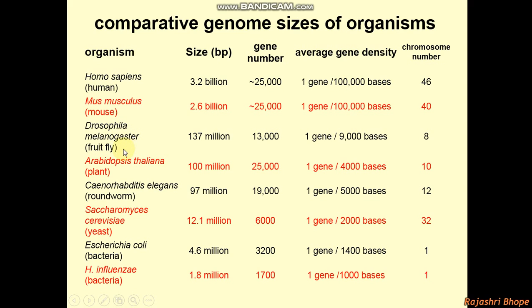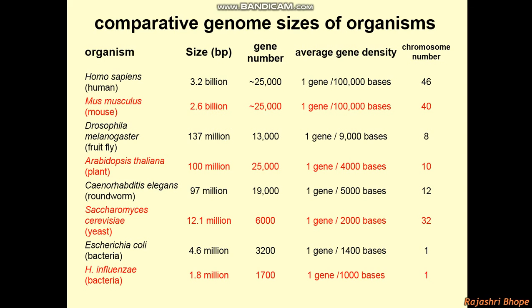Drosophila melanogaster, that is the fruit fly. The genome size is 137 million, and million is 10 raised to 6, that is 137 times 10 raised to 6 base pairs. Gene number is 13,000. Now see here, this genome is approximately 1000 times smaller than the mouse or human genome.